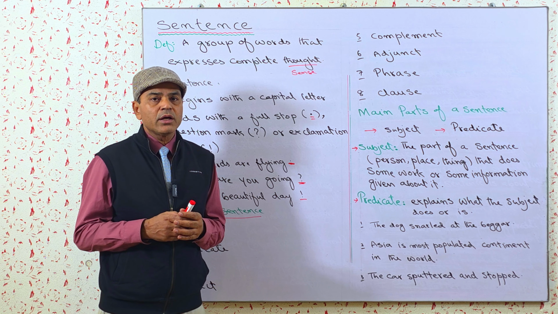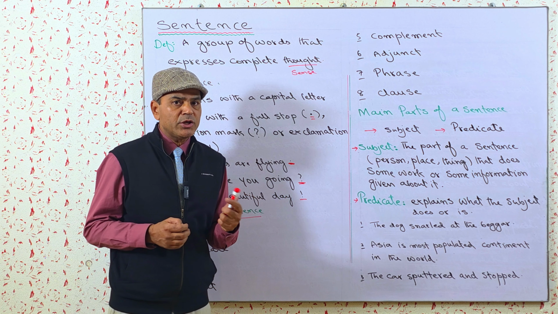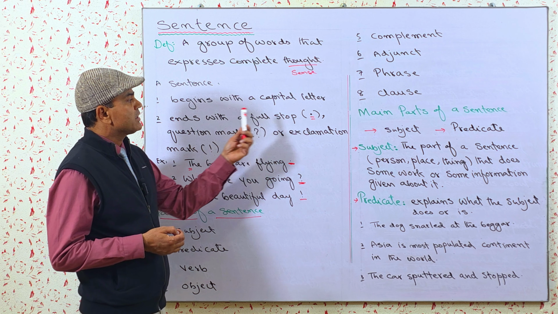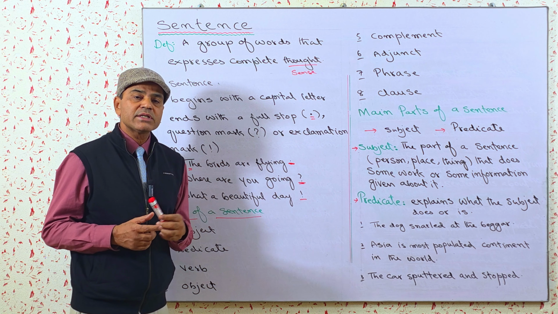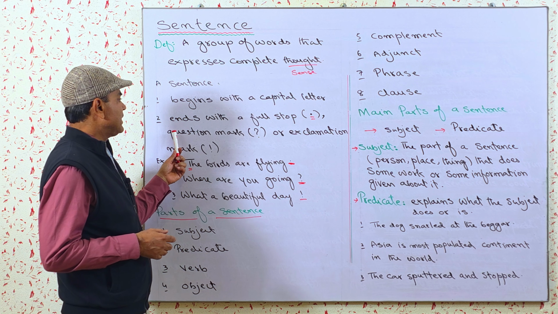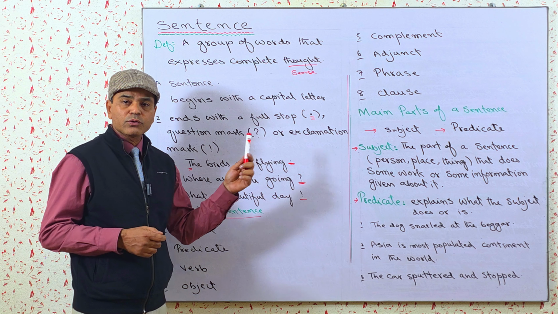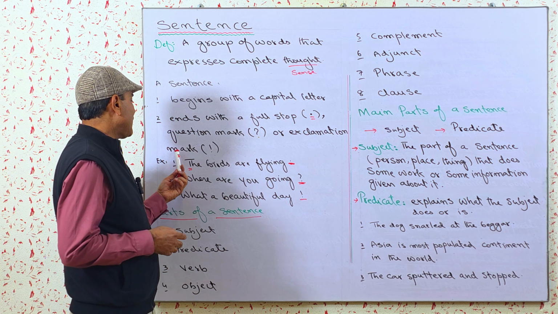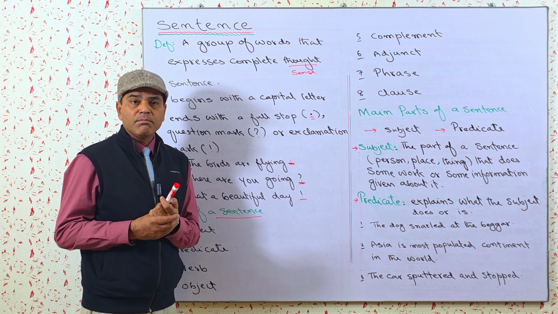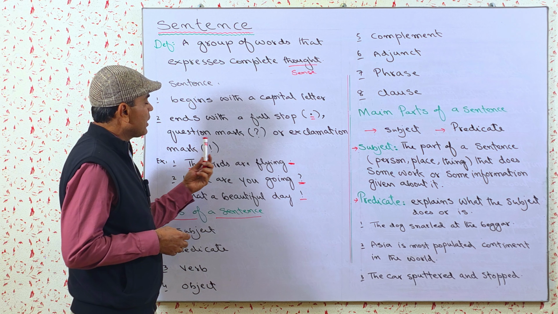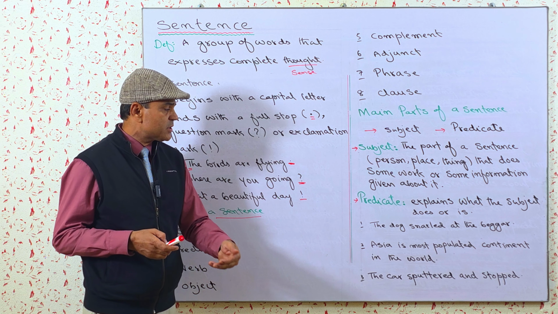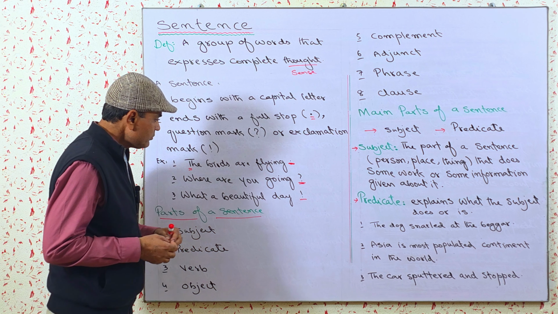Accordingly, we will use different punctuation marks. A sentence ends in a full stop if it is a statement. A sentence may also end in a question mark if it is asking a question, and it may also end in an exclamation mark if you are showing surprise, disbelief or something like that.